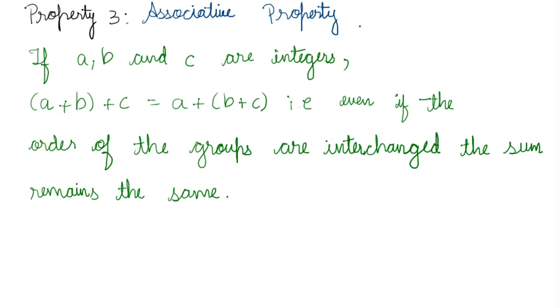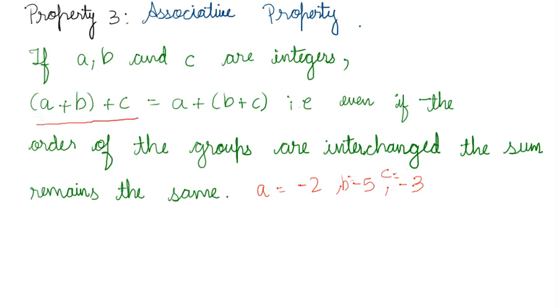We'll check it with an example. Let A be equal to minus 2, B be equal to minus 5 and C be equal to minus 3. Now we are going to check the left hand side, that is A plus B plus C.